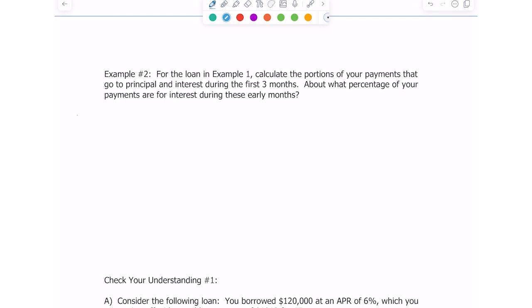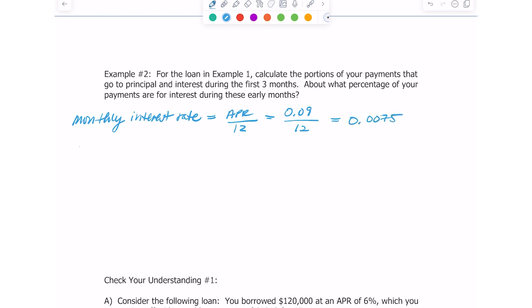First, we want to look at our monthly interest rate. To do that, we're just going to take the APR, which was 9%, and divide that by 12. So we know 9% is 0.09, and then divided by 12, it comes out to 0.0075.